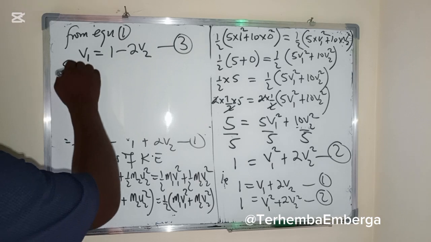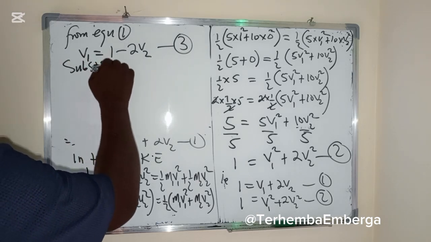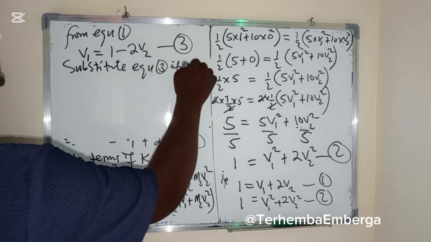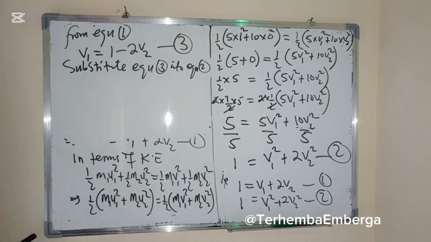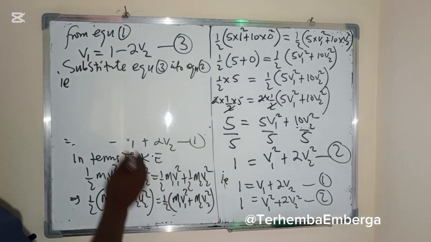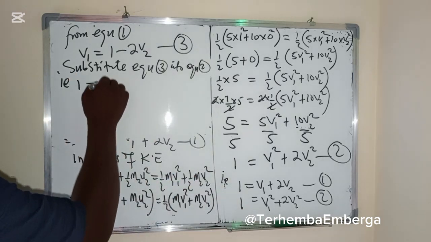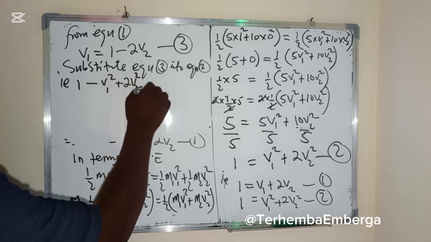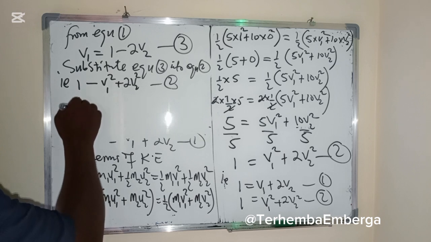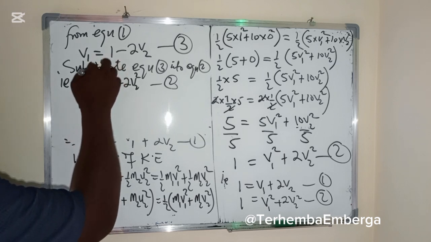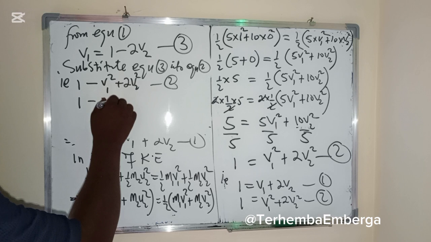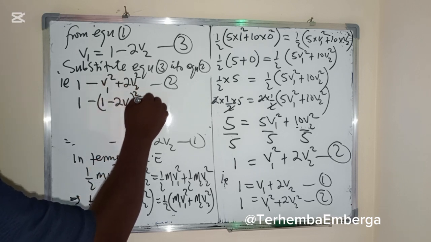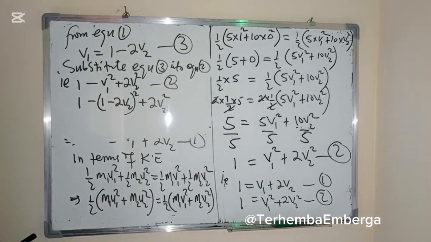Substitute equation 3 into equation 2. This is our equation 2: 1 equal to v1 squared plus 2v2 squared. So we'll now substitute. Instead of v1, we'll now have (1 minus 2v2) all squared plus 2v2 squared.